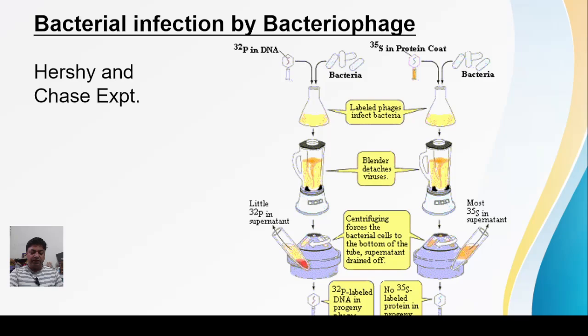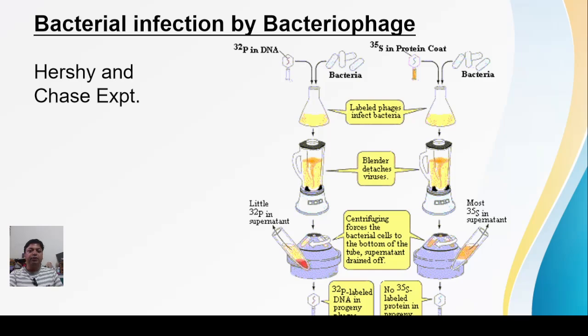Then, the second evidence for DNA as a genetic material was given by bacterial infection, when bacteria were infected by bacteriophage. It was observed that in bacteriophage, phosphorus is present only in the DNA molecule and none in the protein part. Similarly, sulfur was present only in the protein part and none in the DNA.